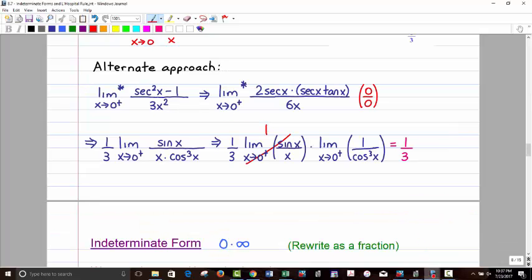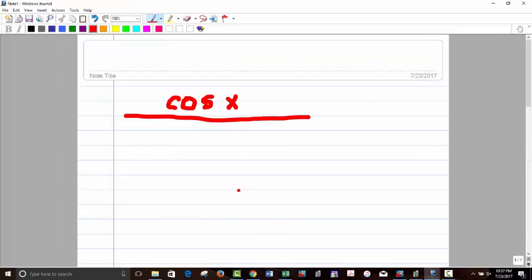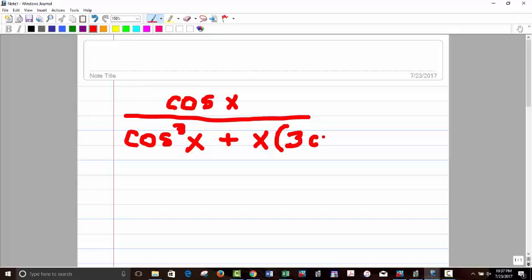If I go f prime first, that'll be 1, so that'd be cos cubed, and then plus x times this derivative, which will bring a 3 cos squared x, and then the derivative of cosine would be negative sine of x.